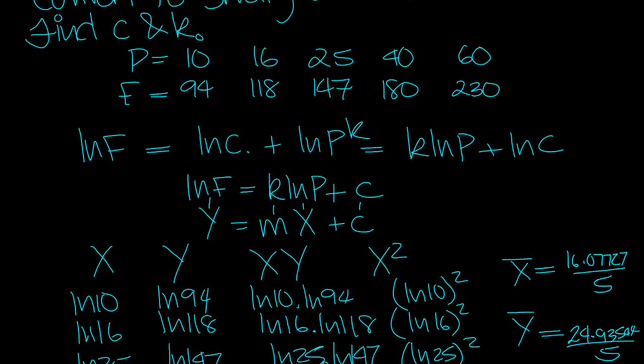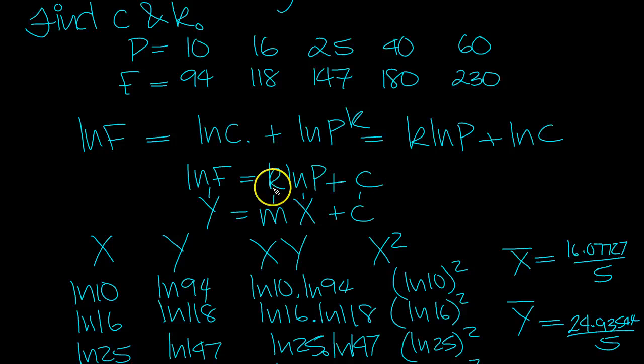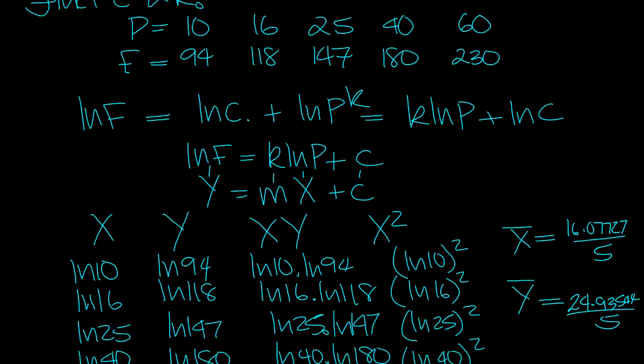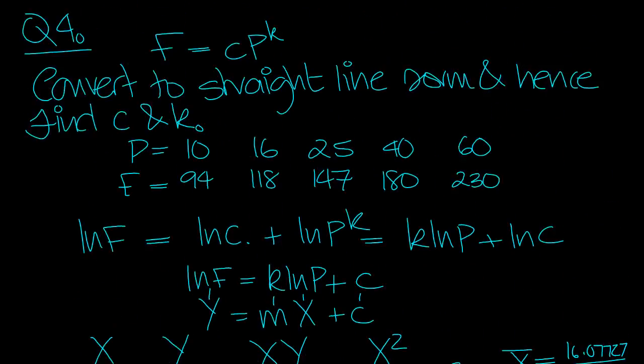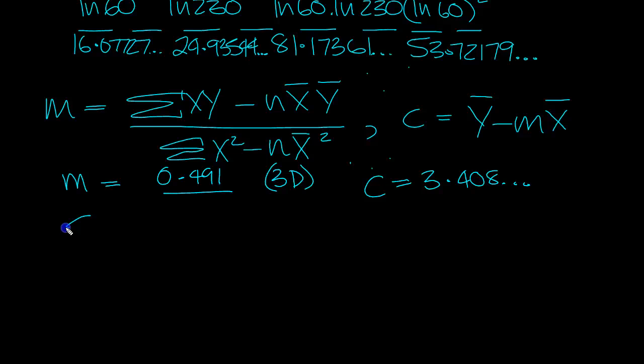Now in our original correspondence, m is K and ln of f is y and c is c. Well, that's okay then. So m is k. So originally we had f equals cp to the k.